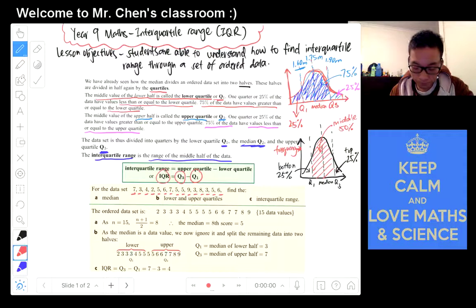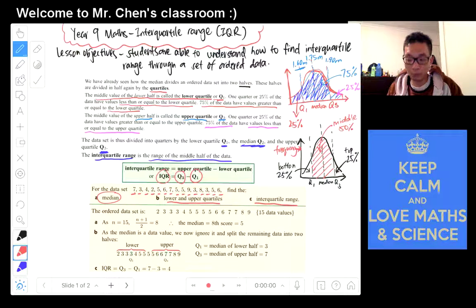That's 15 numbers. Out of these 15 numbers, you are required to find the median, lower and upper quartile, and interquartile range. All three of these will be used in your assignments, so you need to know how to find them.